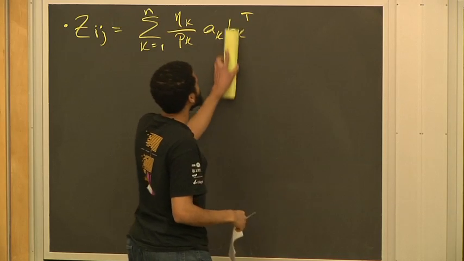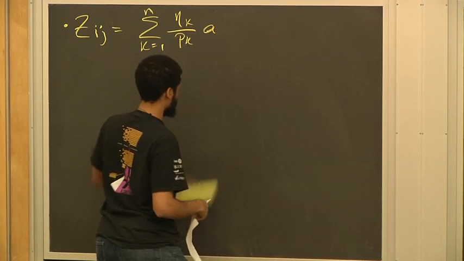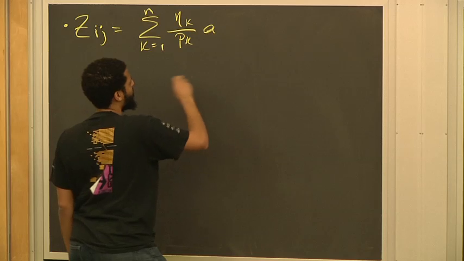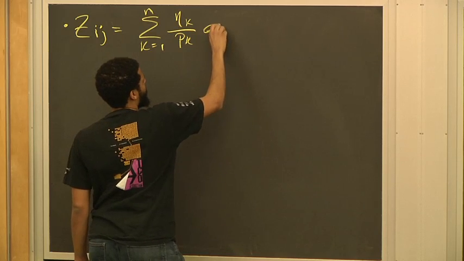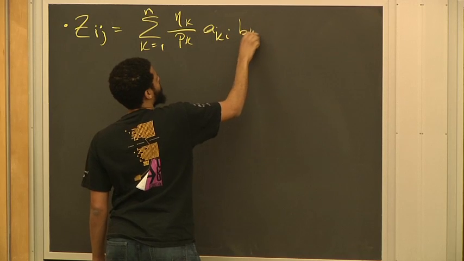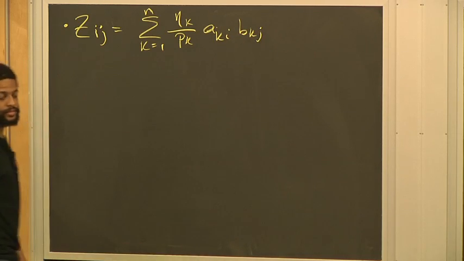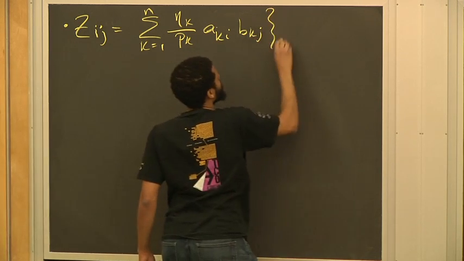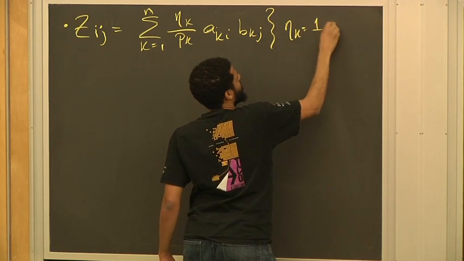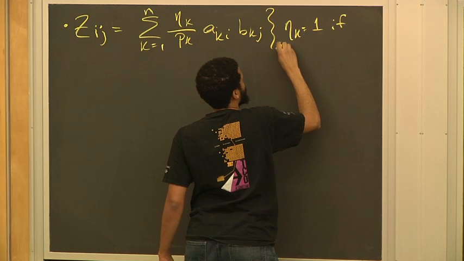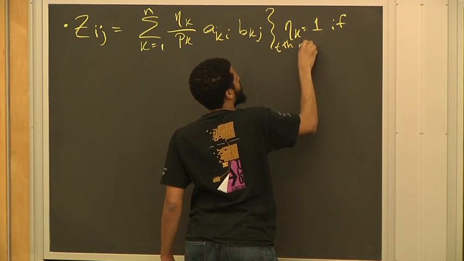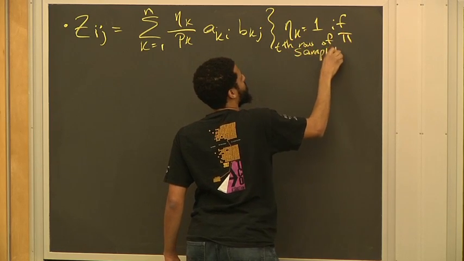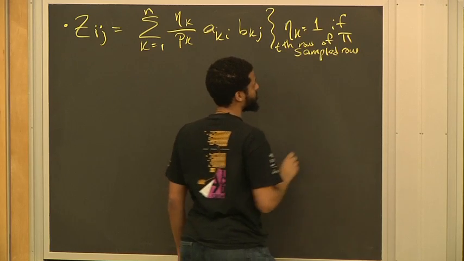Ak was the kth row, so this is A k i times B k j, where eta k is equal to 1 if the tth row of pi samples row k.